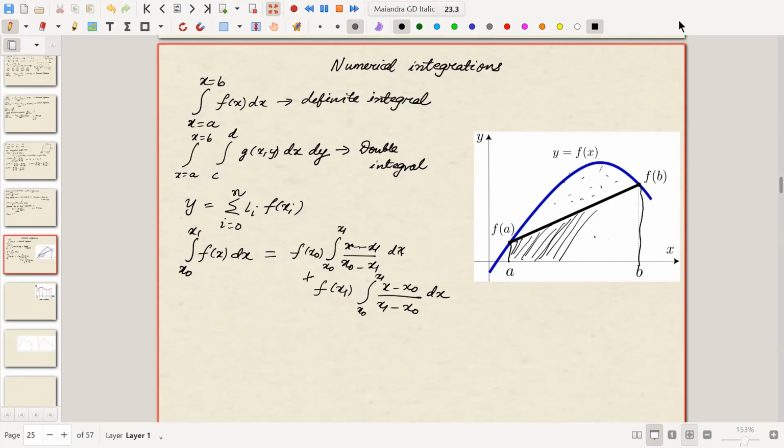So f of x0 and f of x1 will be numbers, because you know x0 and x1 and you know the values fa and fb. Those are numbers, so you can take them outside of the integration. Then what will be inside the integration? The remaining function, that is Li of x. Before, we just looked at this form of L, right? So it is a function of x.